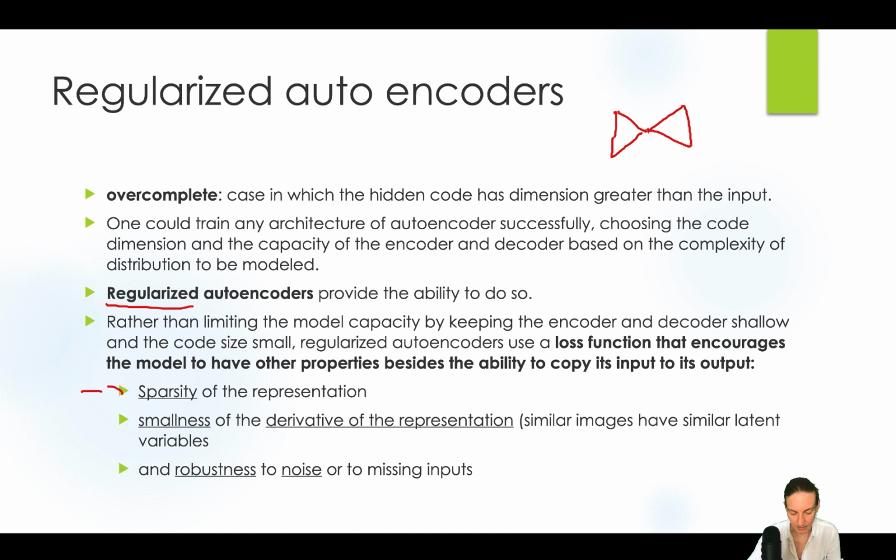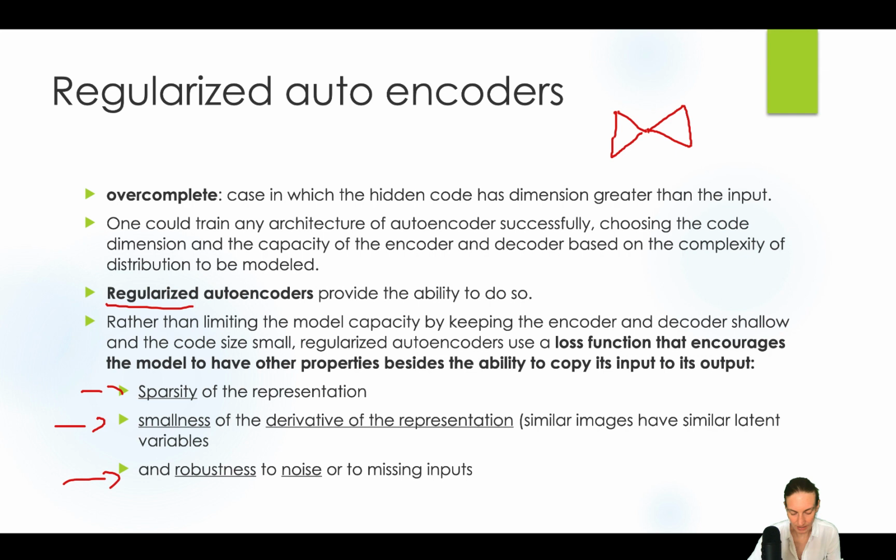They have a small derivative of the representation. What does this mean? It means that similar images will have similar latent variables. This is very important because it means that these latent variables really are a sort of disentangled feature. Okay. And they are robust to noise or to missing inputs.